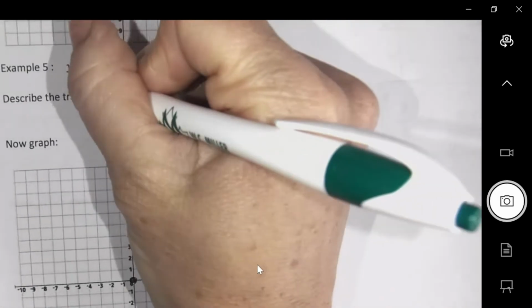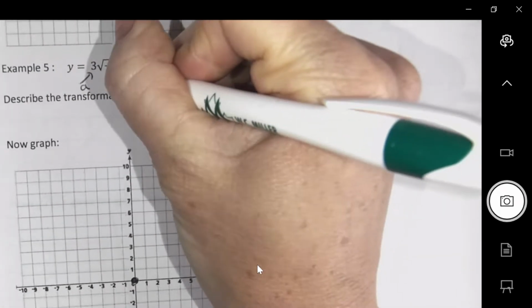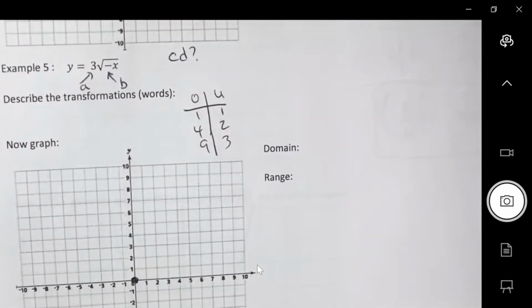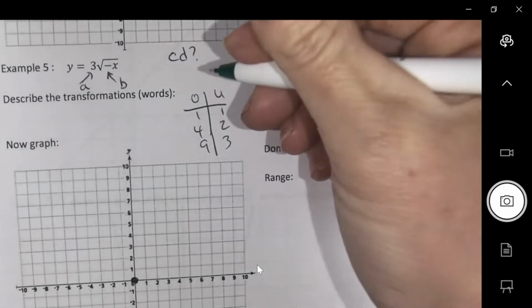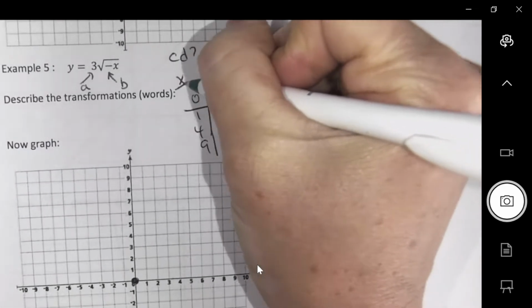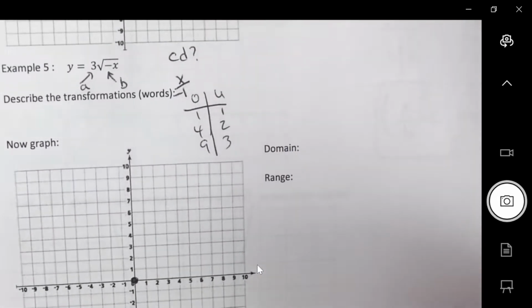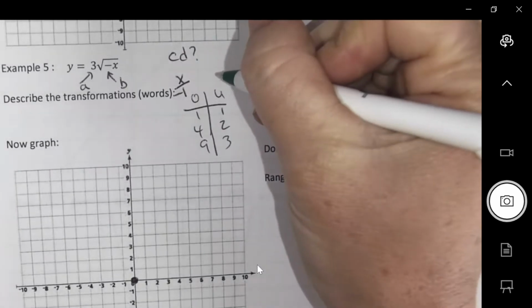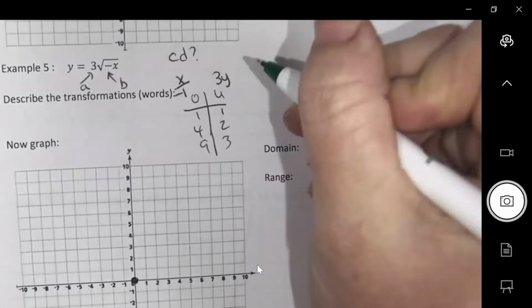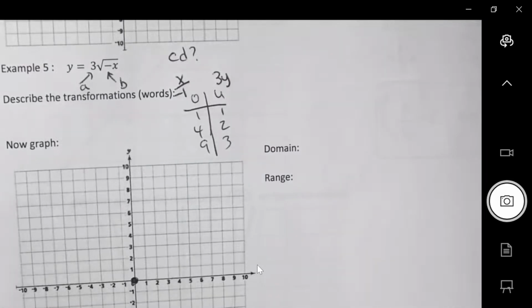Okay, I have an A and a B. So what am I going to do with that on the chart? I'm going to take my X divided by -1 and 3 times the Y. Right?